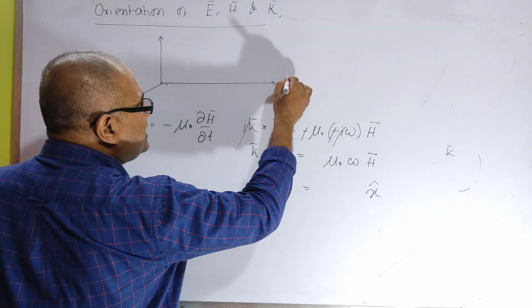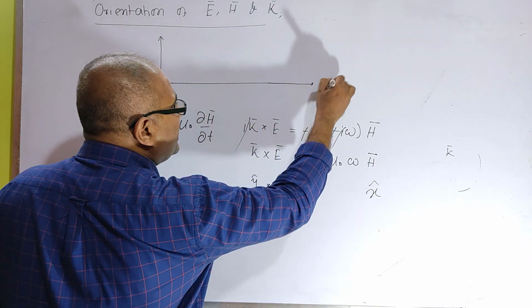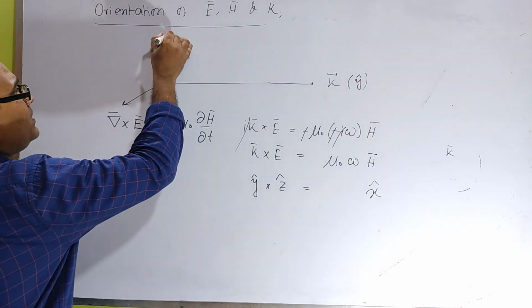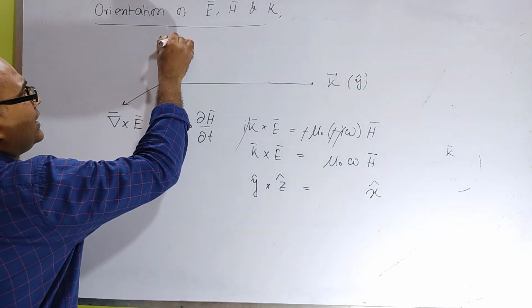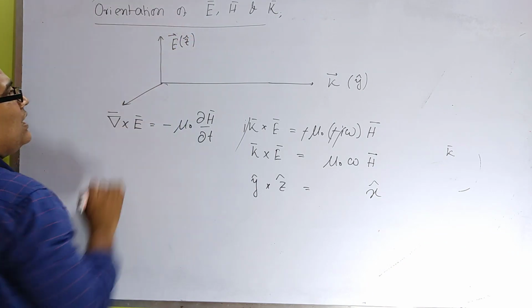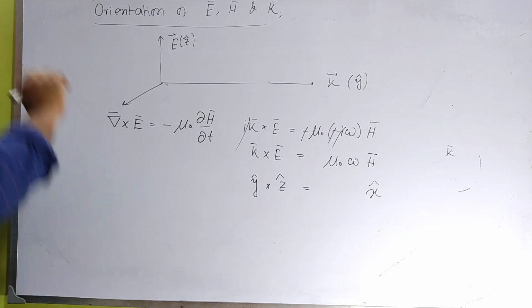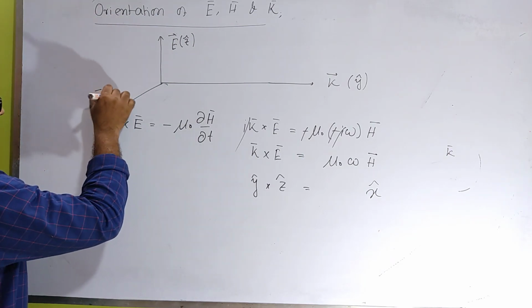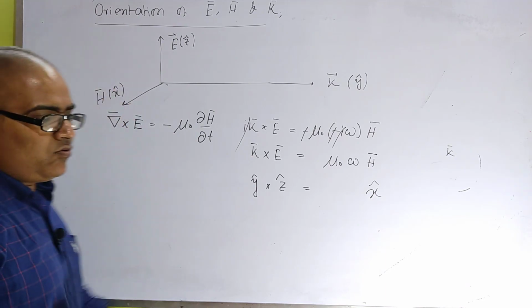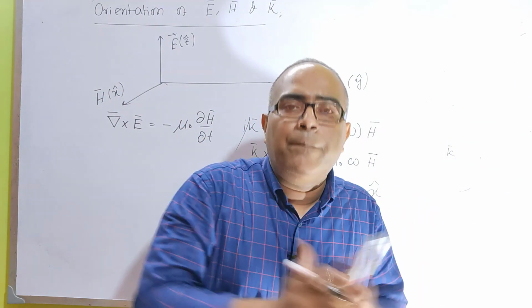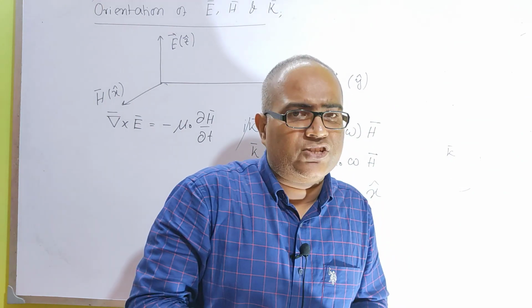If this is the direction of propagation along y cap, and this is the vibration of the electric field along z cap, then the magnetic field must vibrate along the x direction. Wow, so that is the relative orientation of the electric field, magnetic field and direction of propagation.